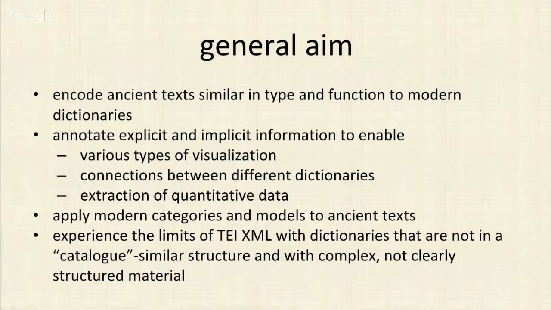Important is also the aim to apply modern categories and models of organizing dictionaries to ancient texts, to ancient dictionaries. Last, we will try to experience the limits of TEI XML with dictionaries that are not in a catalog-similar structure and have complex, not clearly structured material. Can we go to the next one?